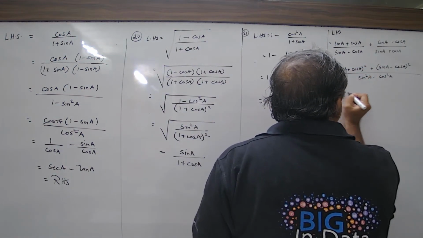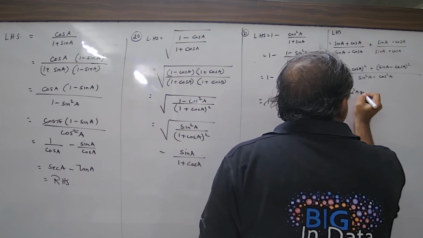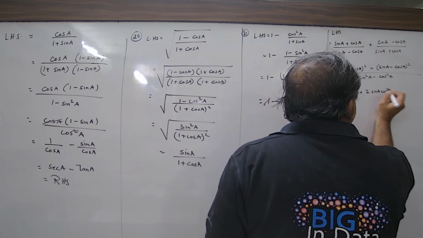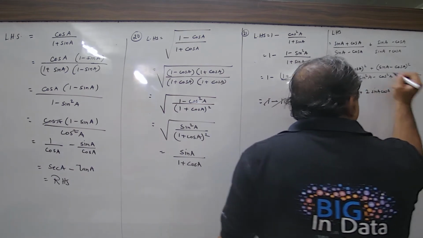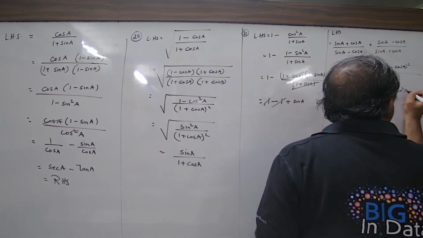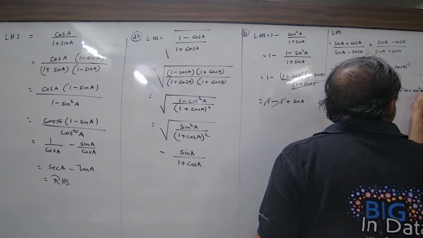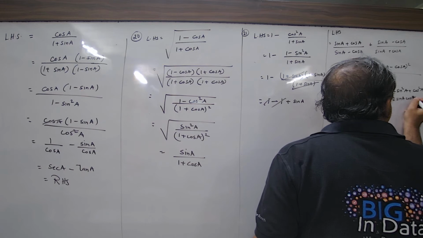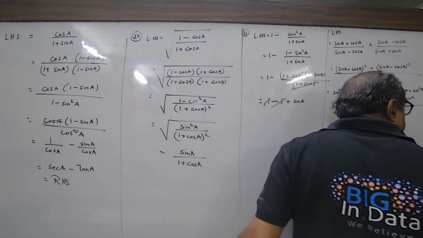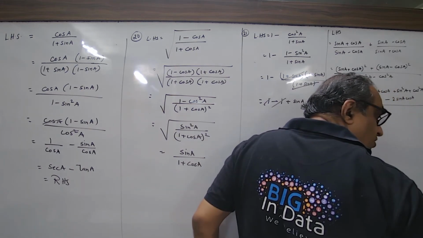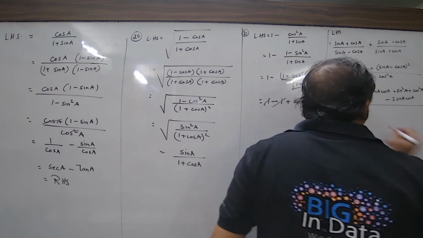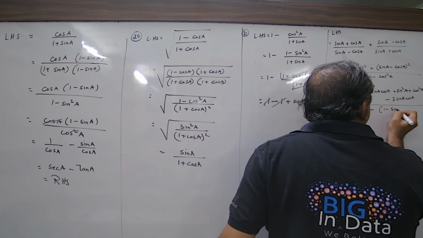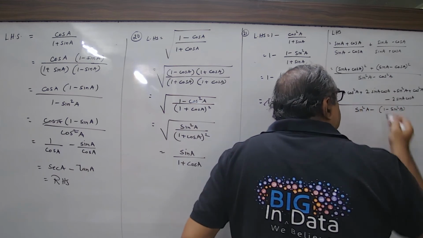A squared plus B squared plus 2AB, A squared plus B squared minus 2AB. In the denominator, I can see only 2 sin squared here. I don't see cos squared here. So cos squared A I can write as 1 minus sin squared.